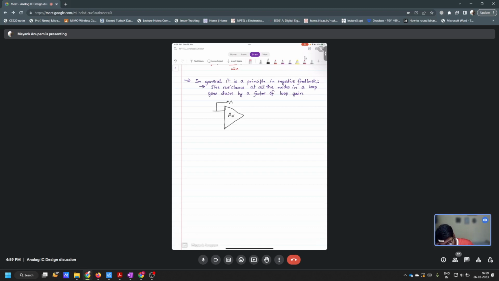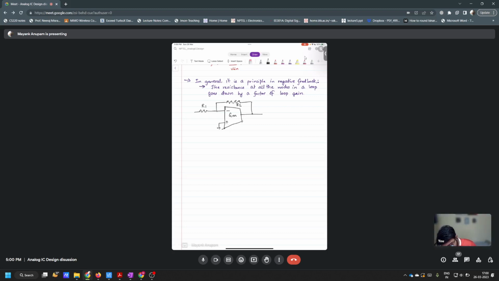You put it in negative feedback in this manner. Let's not talk about a simple voltage controlled voltage source. Let's take this two-stage Miller compensated op amp. You don't use it simply like this. You put it in negative feedback, like this, isn't it?